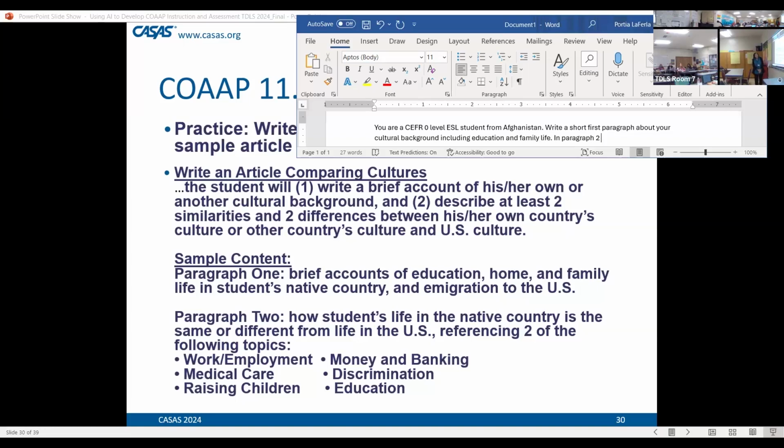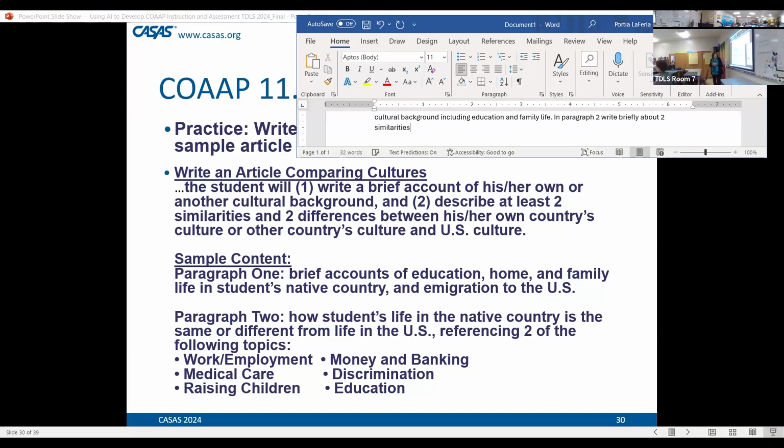In paragraph 2, we better say brief again. Write briefly about two similarities and differences from Afghanistan and the US.